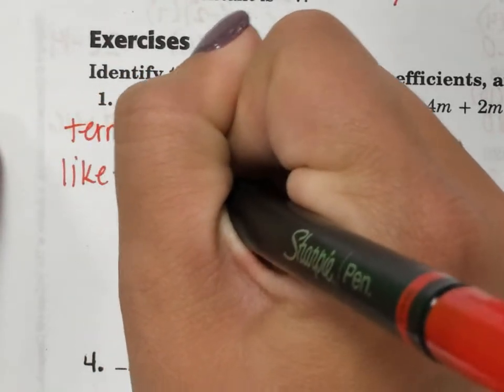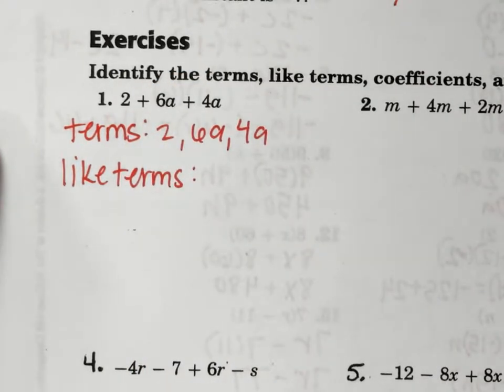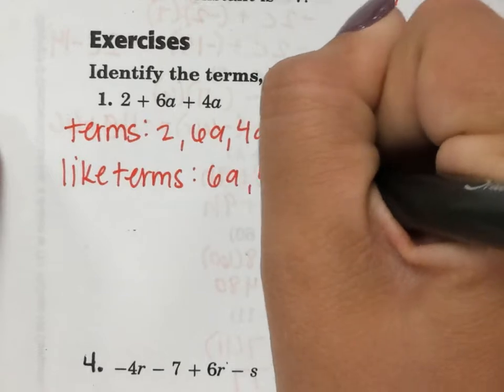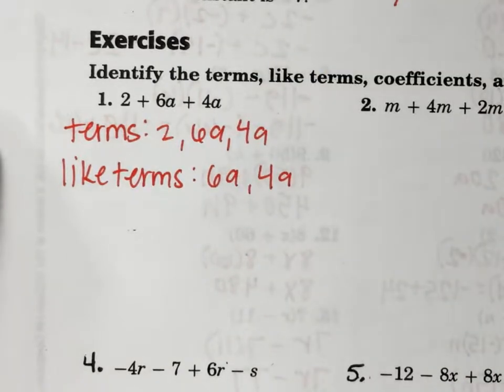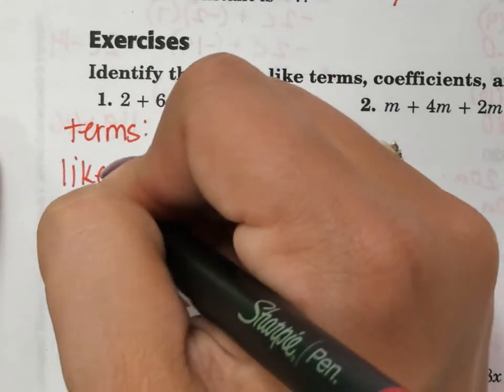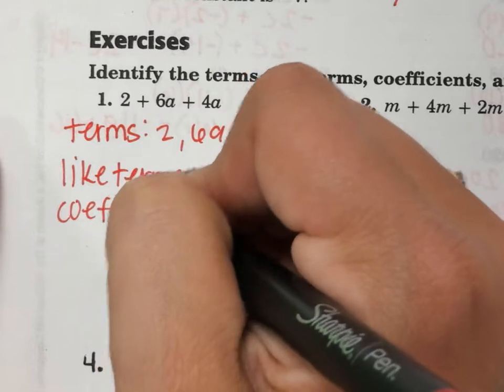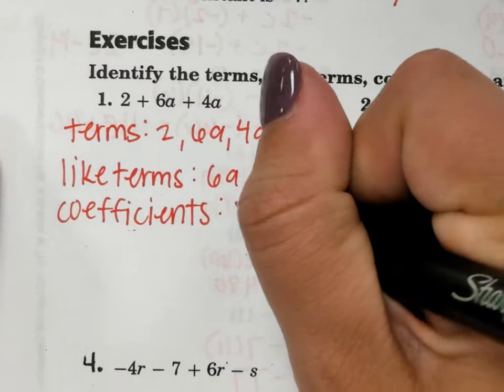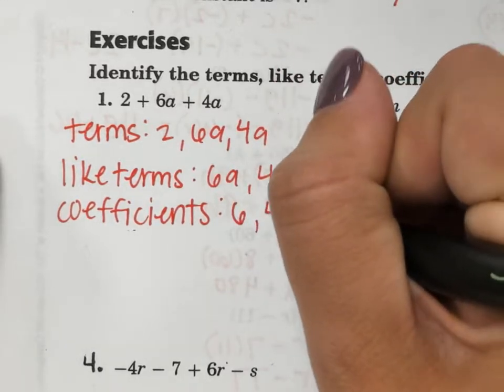What are my like terms? 6a and 4a. Good. What about my coefficients? Six and 4. My coefficients are those numbers in front of the variables.